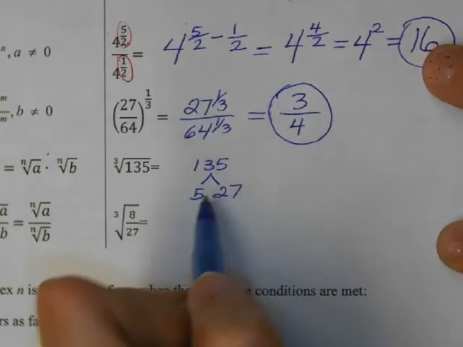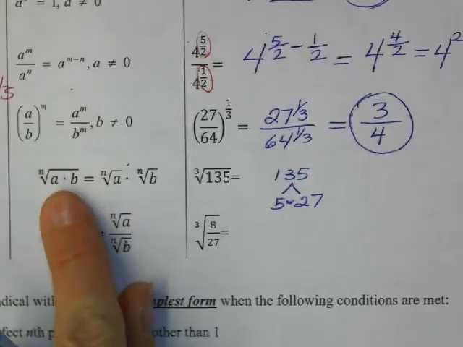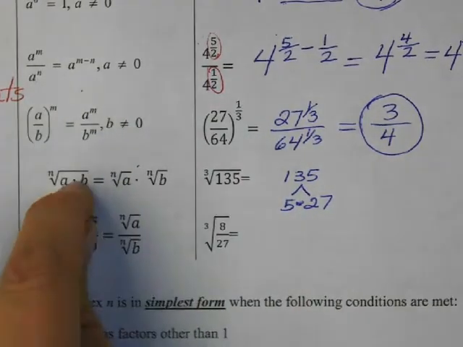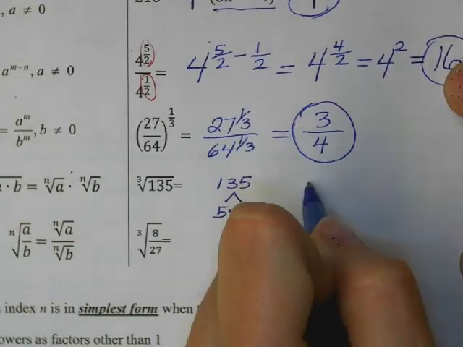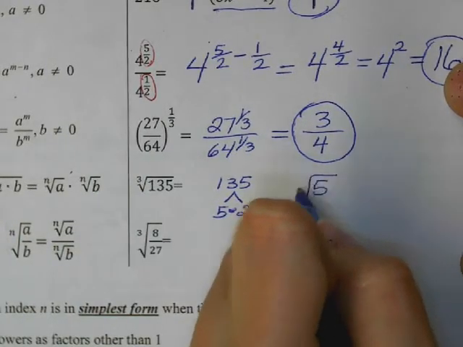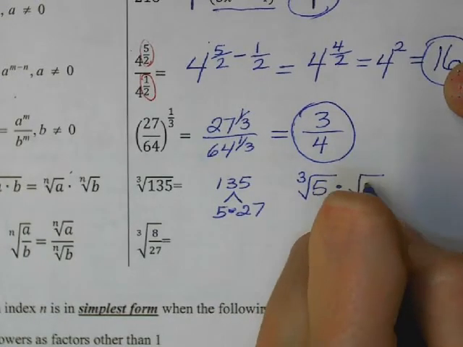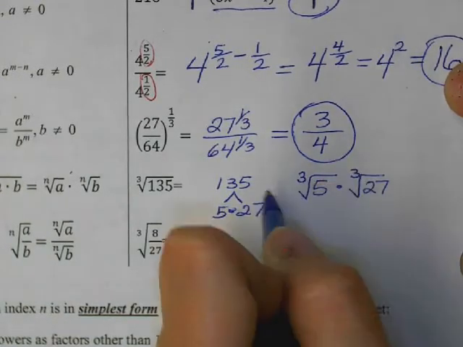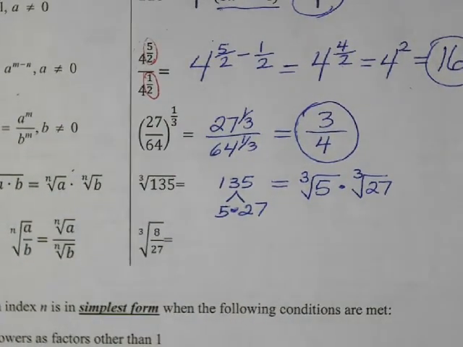So they're trying to tell you that since this 135 breaks apart into 5 times 27, you could separate this and write cubed root of 5 times the cubed root of 27. It's like just breaking 135 into 2 things. See? 5 times 27, you were just saying.